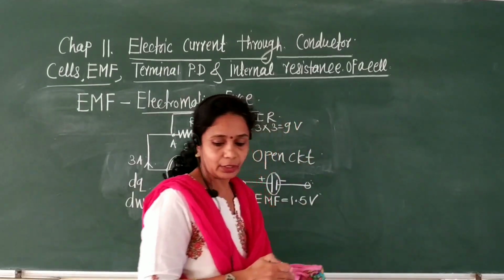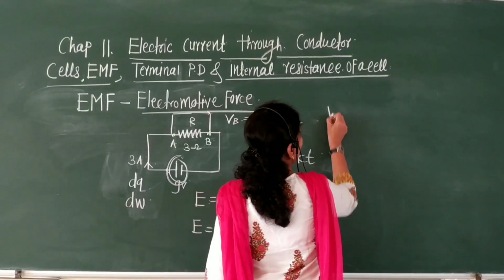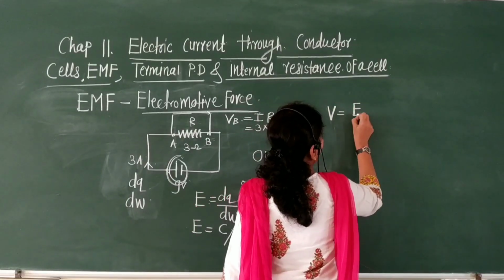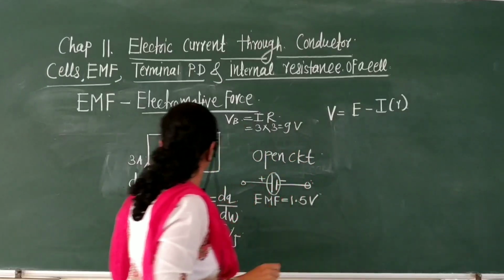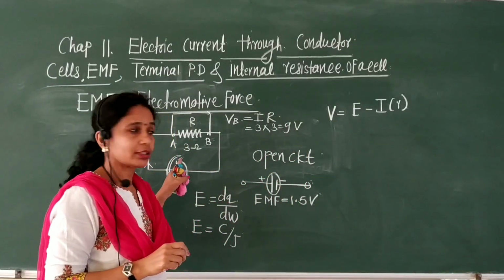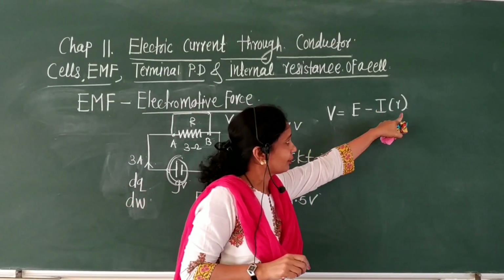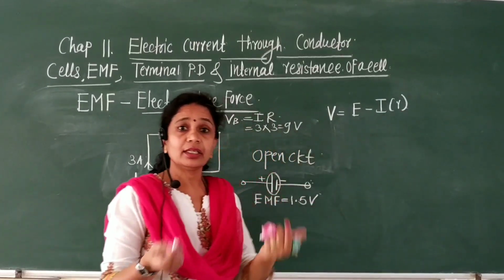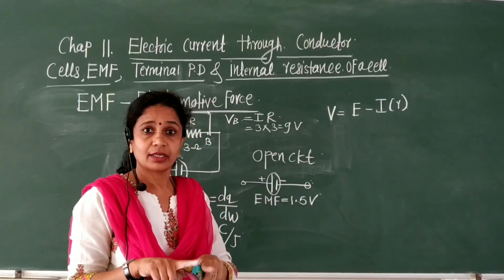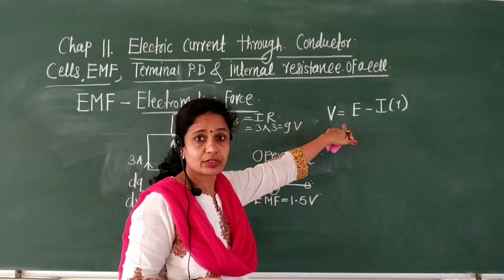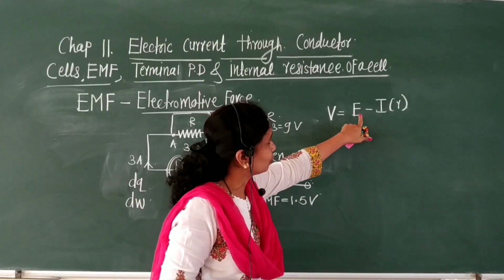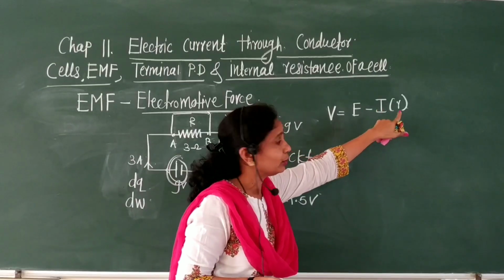Therefore, we can write V is equal to E minus I into r. When current is flowing through the circuit, this current and the internal resistance make the potential difference V differ.